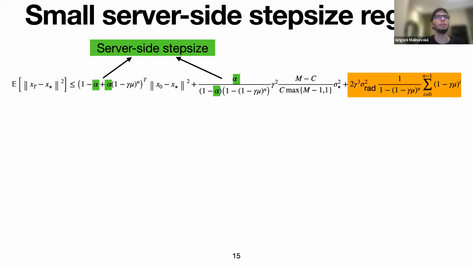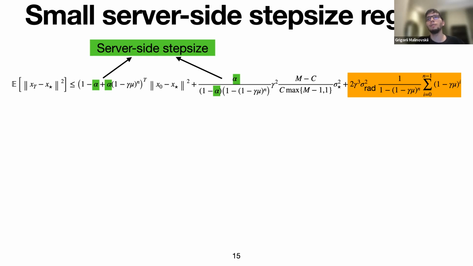also 3 terms. The first term is the term of linear decrease. The second one is proportional to alpha gamma squared, and the second term is caused by partial participation, because if C is equal to M, it would be 0.